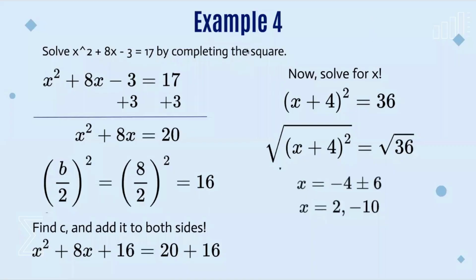Now that you have x equals negative 4 plus or minus 6, you can just go ahead and simplify this. So you would have either negative 4 plus 6, which would equal positive 2, or negative 4 minus 6, and that would equal negative 10. And those would be your two solutions for x.